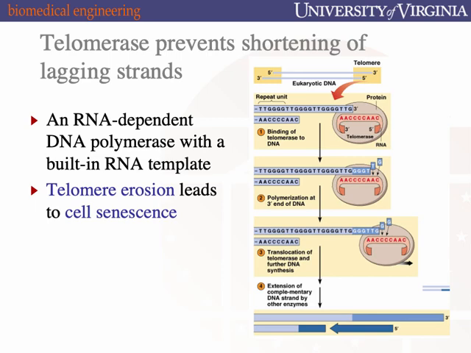Telomerase. Telomerase is also a DNA polymerase. It is a special DNA polymerase because it depends on RNA as the template that is used for DNA synthesis, and that RNA template is pre-bound to the enzyme itself. And I'll walk through the cartoon on the right-hand side.